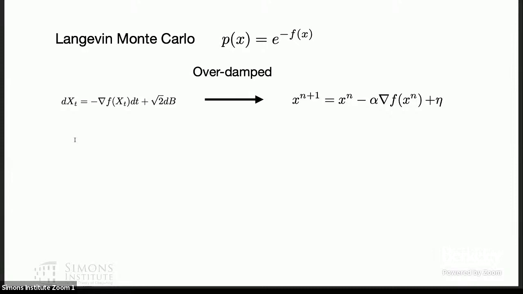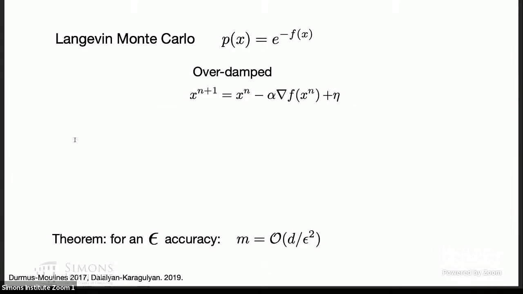When you do the discretization, you march forward by descending along the gradient, and on top of that you add a Brownian motion term, a Gaussian random variable. And we know that for the convergence, the number of iterations you have to pay is d to some power over epsilon to some power. This power can improve if you have better regularity of f.